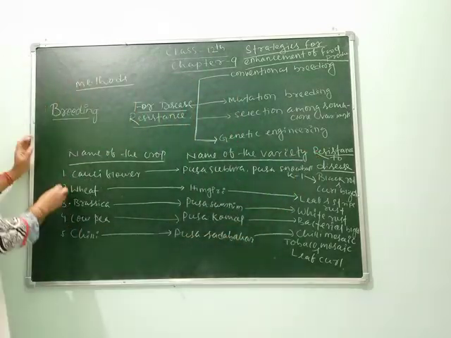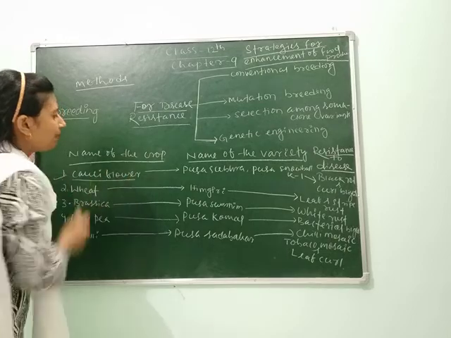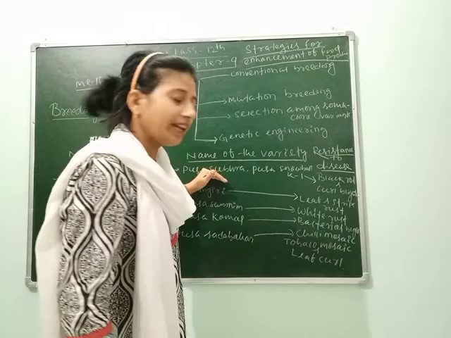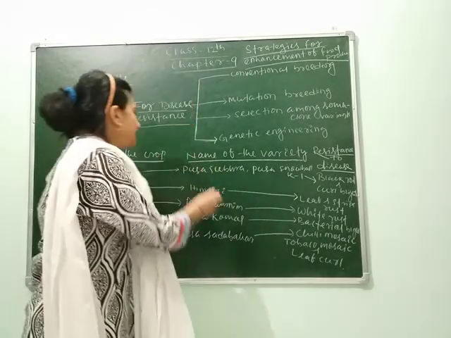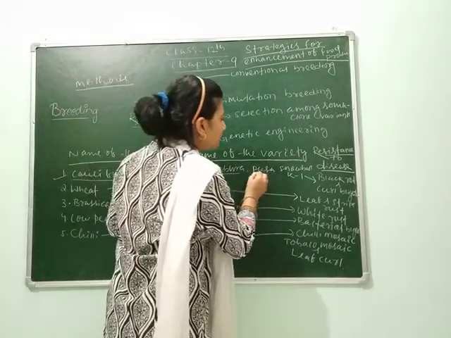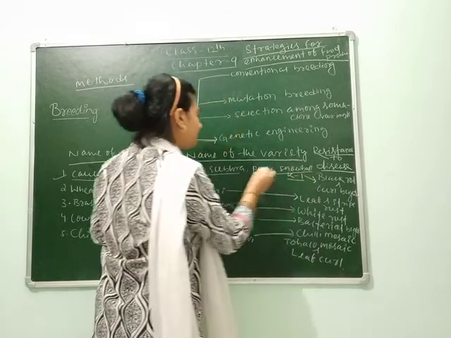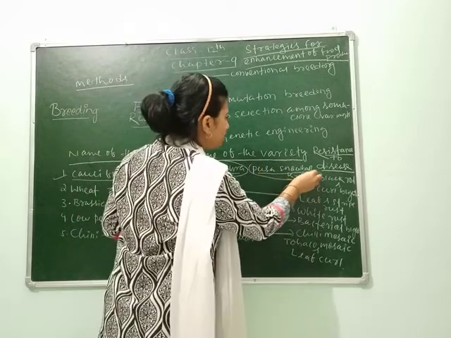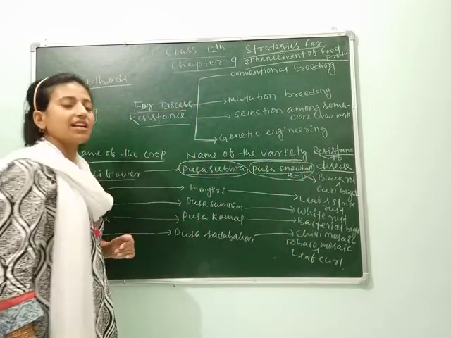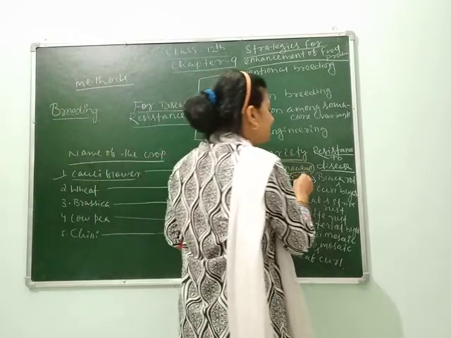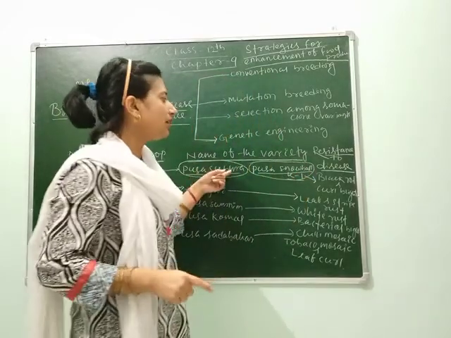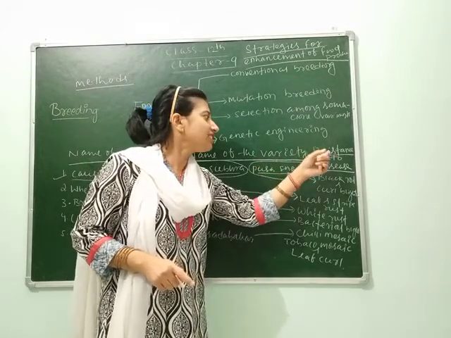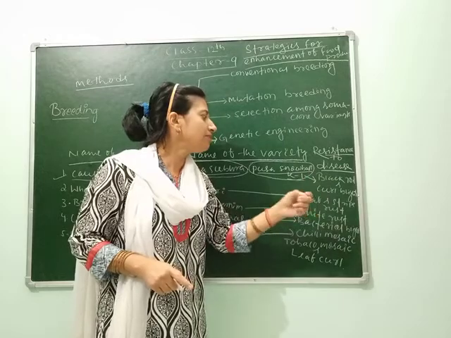Clear? So look at first, cauliflower. You know about cauliflower. Cauliflower is an important vegetable crop that is grown in all parts of India. Its varieties are Pusa Subra and Pusa Snowball K1. Here two varieties are prepared or developed by using the conventional breeding method, and these varieties, Pusa Subra and Pusa Snowball K1, are resistant against the diseases black rot and curd blight.